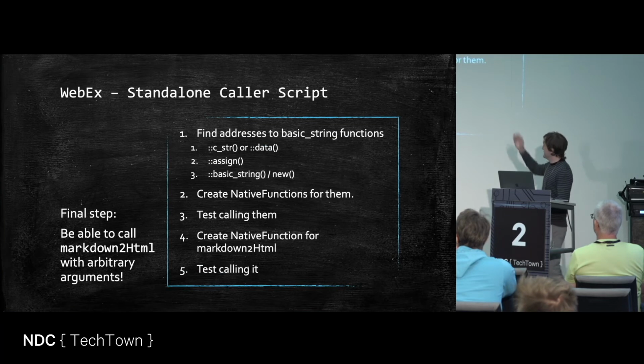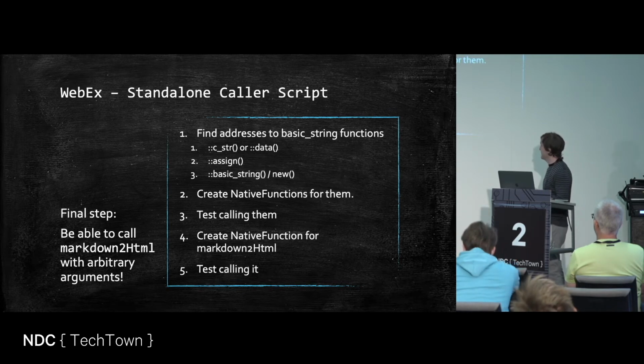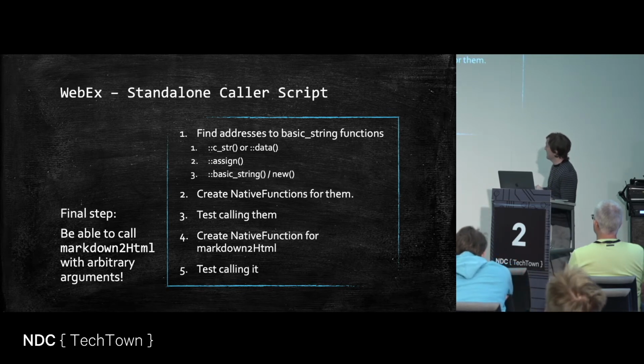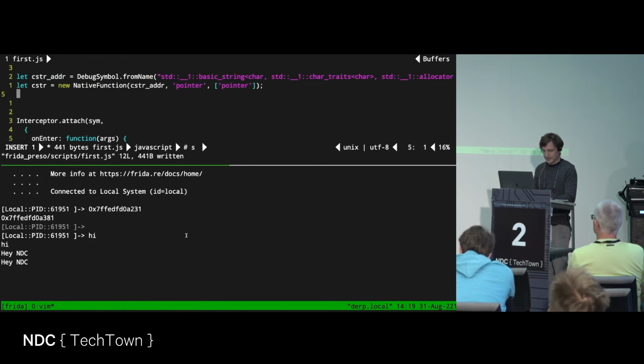So being able to assign data or new strings to that string object, and being able to make new string objects altogether. The reason we would want to do the third one is because that's what we would need for actually calling this function, because we need to create some basic strings to give to the function as an argument. And so that's what we'll do next.